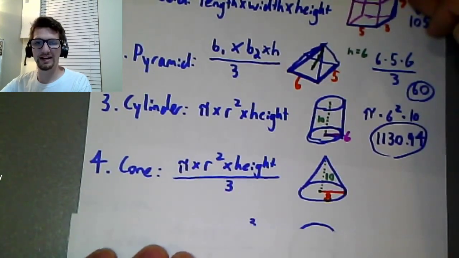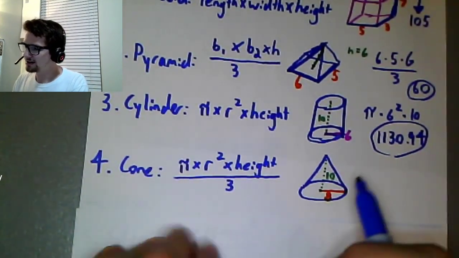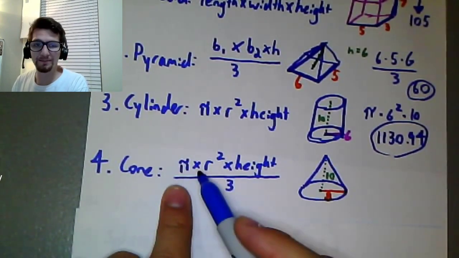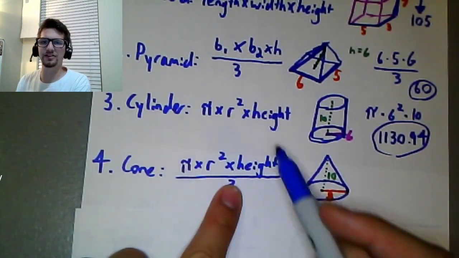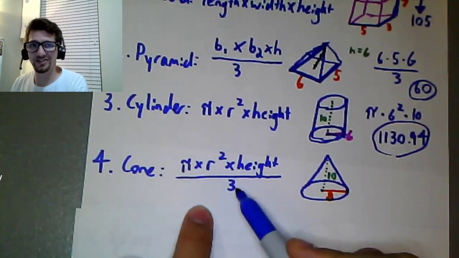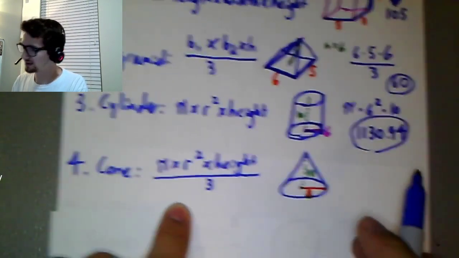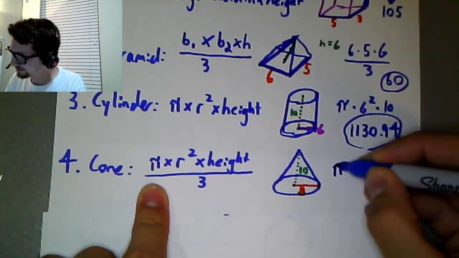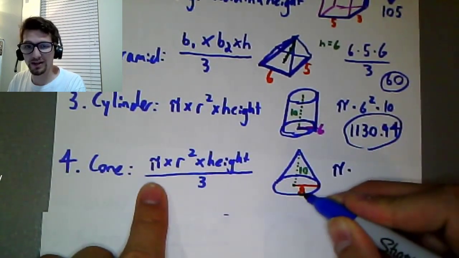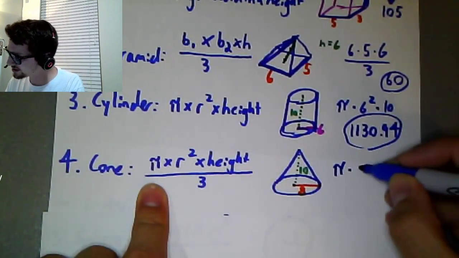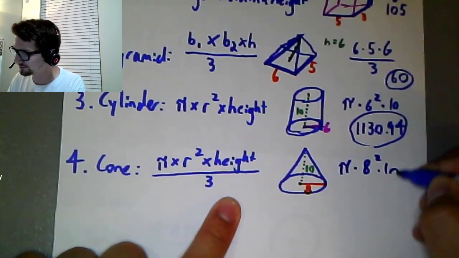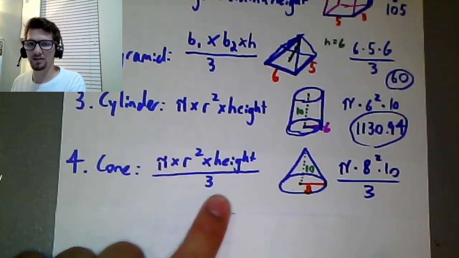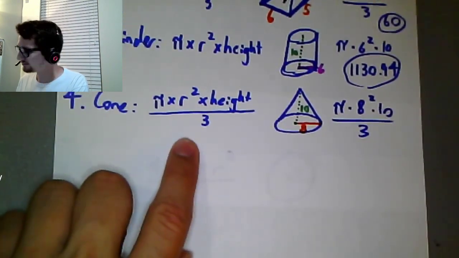Number 4, we have our friend the cone. The equation for a cone is pi times the radius squared times the height, the same as the cylinder actually, except whatever your answer is, you divide that by 3. So pi times the radius squared, my radius is 8, so 8 squared times the height, my height's 10, all that divided by 3.